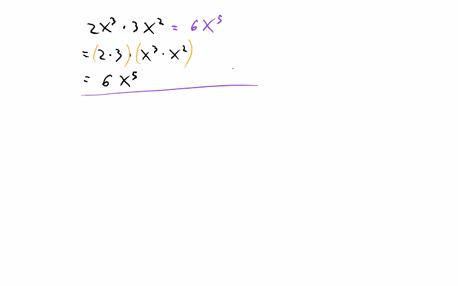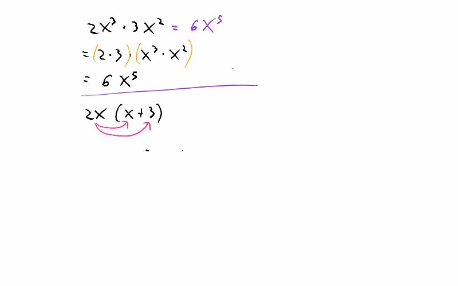Now, what happens when things get slightly more complex? Let's take a very simple monomial like 2x, and instead of multiplying it by another monomial, let's multiply it by a binomial like x plus 3. We know from what we talked about earlier with the distributive property that we need to multiply the one term that we have for the first factor times both terms of the second factor.